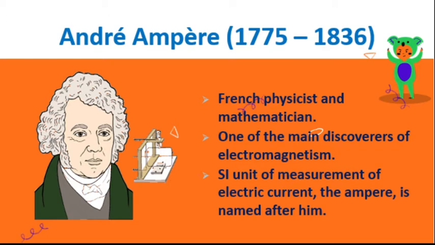André Ampère, from 1775 to 1836, was a French physicist and mathematician and one of the main discoverers of electromagnetism. The SI unit of measurement of electric current, the ampere, is named after him.